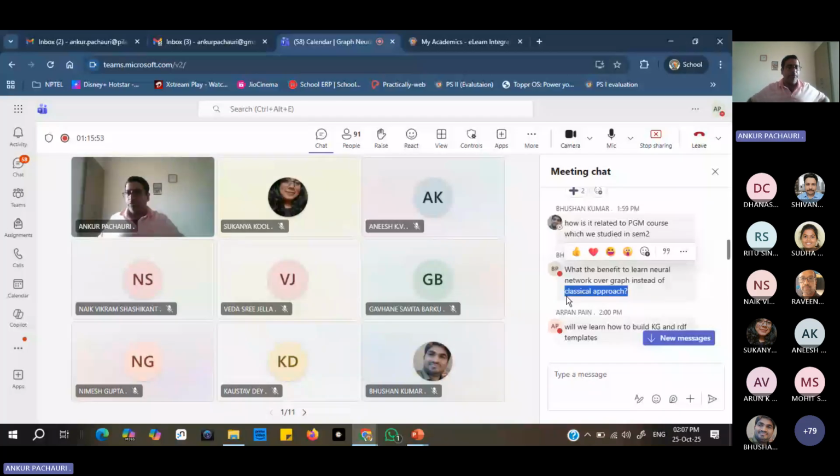I'm not saying that the classical approach doesn't work. It always works. That's why we are using the concepts of the classical approach applied on a graph database. So it's almost the same, but the perspective or the application area is different. Here we'll be dealing on the basis of the graph.